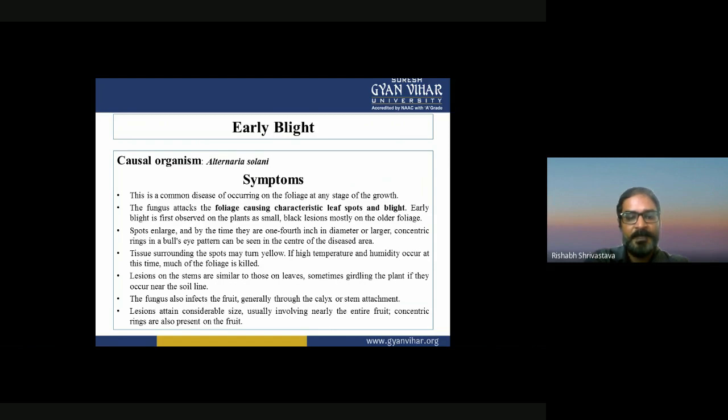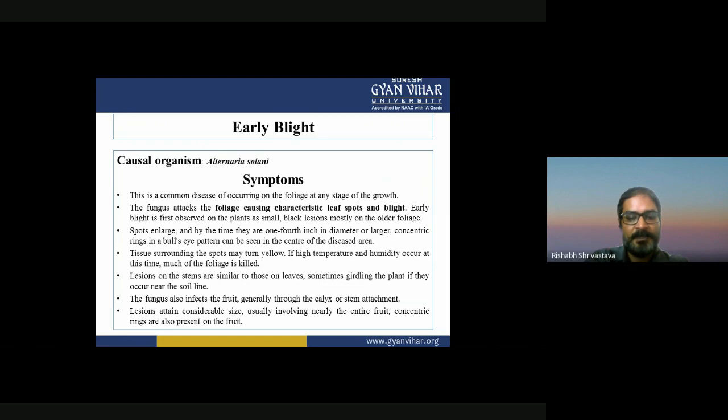Spots enlarge, and by the time they are 1/4 inch in diameter or larger, concentric rings in a bull's-eye pattern can be seen in the center of the diseased area. Tissue surrounding the spots may turn yellow. If high temperature and humidity occur at this time, much of the foliage is killed.